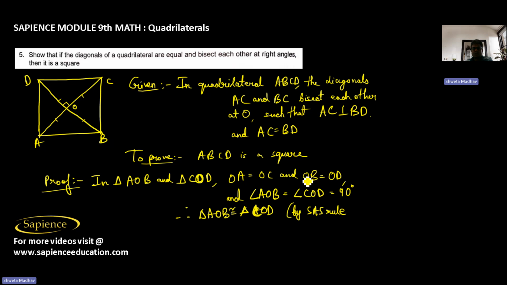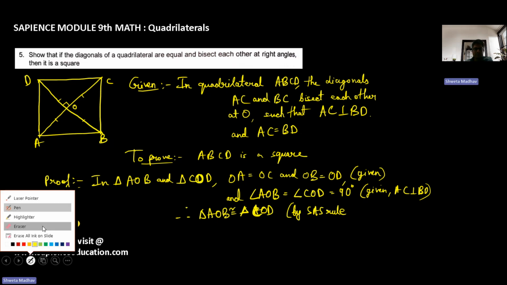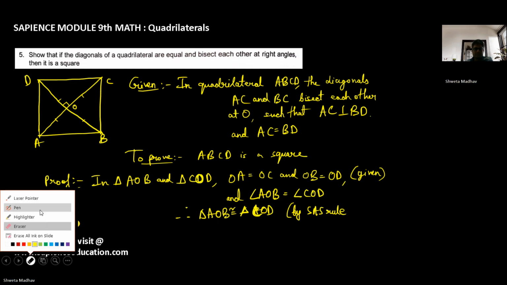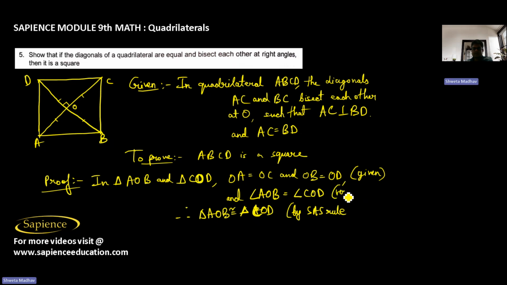Here OA equals OC and OB equals OD, since it is given, and angle AOB equals angle COD equals 90 degrees, since it is given that AC is perpendicular to BD. And also angle AOB equals angle COD, since vertically opposite angles are equal.